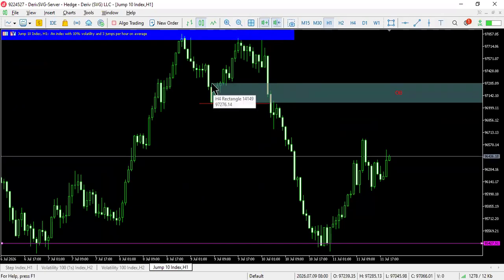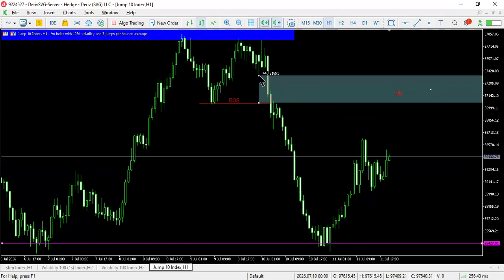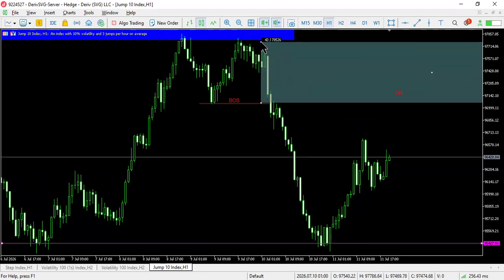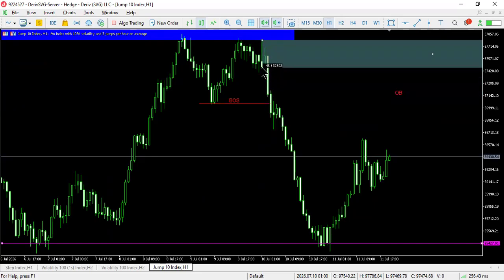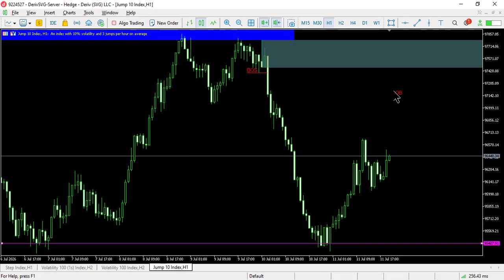From the 1 hour time frame, we have our order block at that level where we have that internal break of structure. So we have two areas of interest where we have that internal break of structure with that order block.